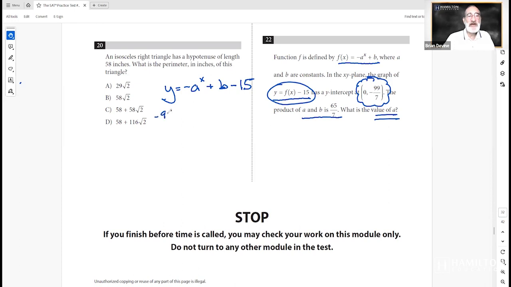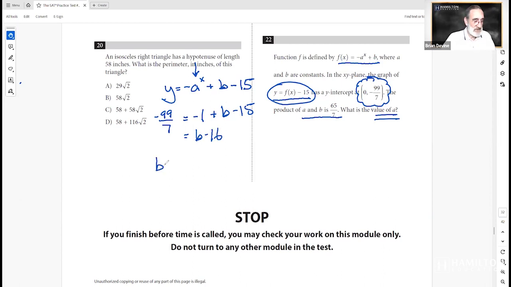So negative 99 over 7, and plugging 0 in for x here makes this negative 1, because a to the 0 would be 1. So negative 1 plus b minus 15, which is the same as b minus 16.